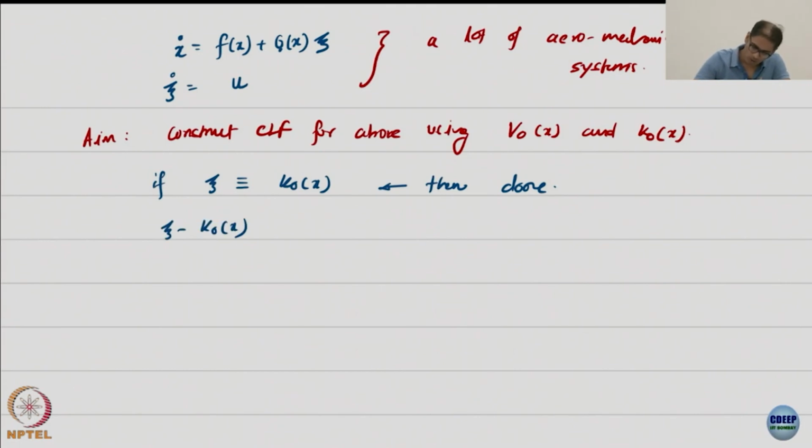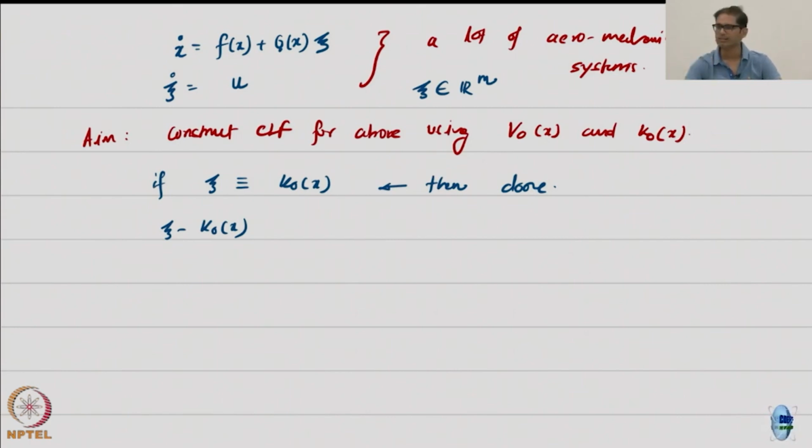By the way, notice that just for us to be able to write this, psi has to be the same dimension as the control. I hope this is obvious, because I wrote psi dot as u. If the new state is not the same dimension as the control, we cannot use backstepping. This is the restriction of backstepping. This dimensionality has to be maintained.